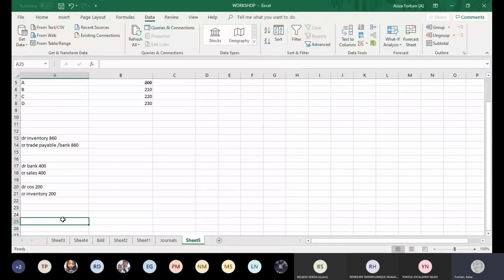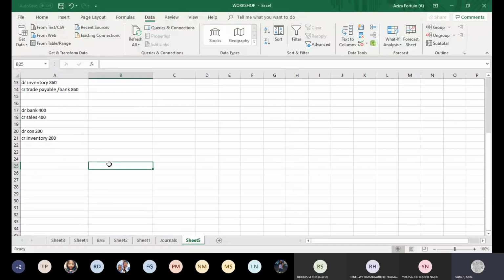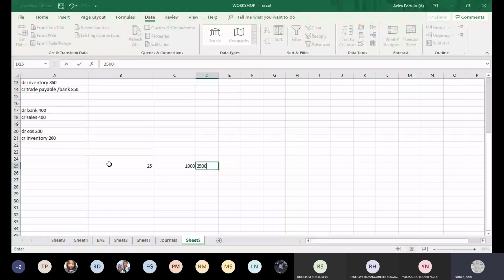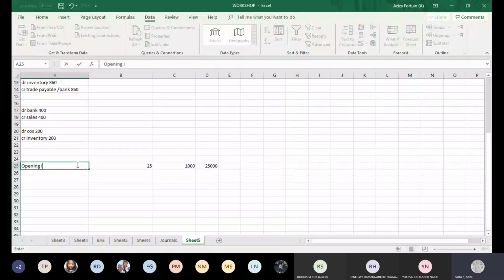The opening inventory is 25 units at 1,000. Working on the FIFO method, 25 at 1,000 gives me 25,000, and that is my opening inventory.